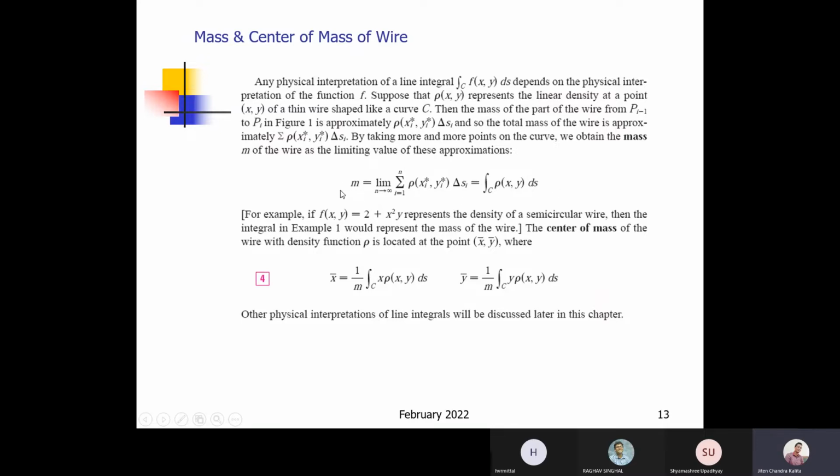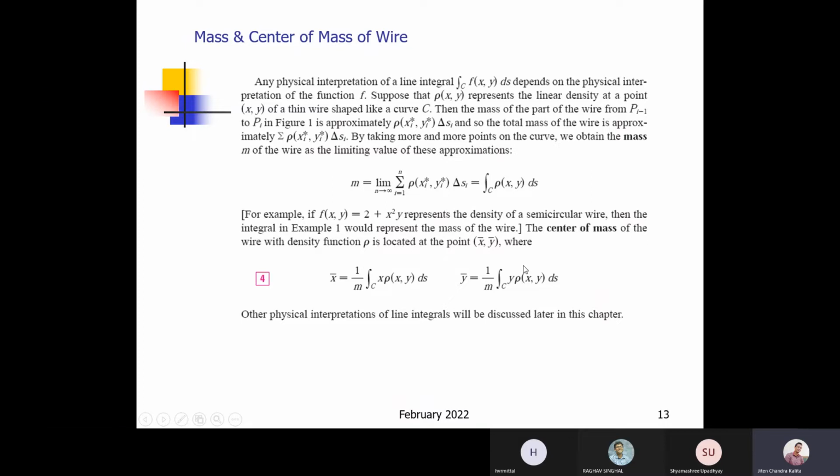So this becomes the formula: mass is equal to this integral, if the wire is in the shape of a curve C. Again, this has been obtained by considering the moment. The center of mass is given by this formula.